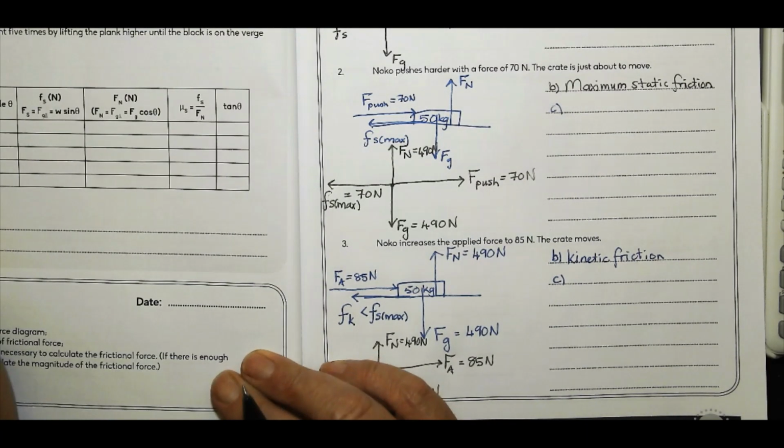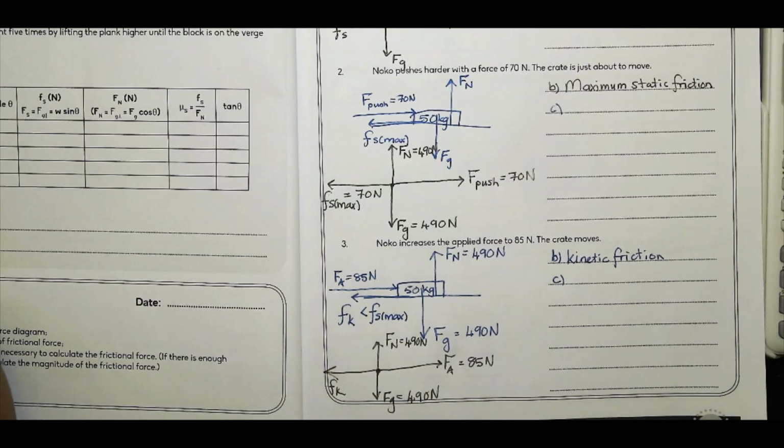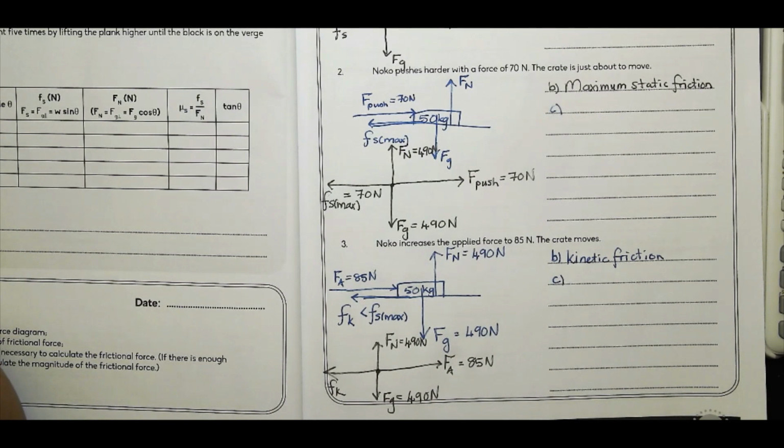Alright, that's number 1, 2 and 3. You can work through those answers. I'm going to end the video here and then make another video for the other questions I gave you to do.